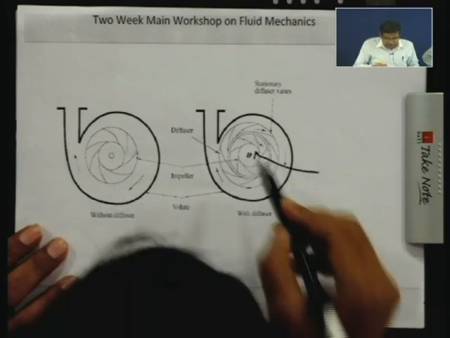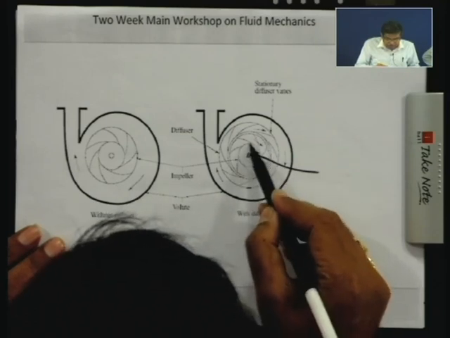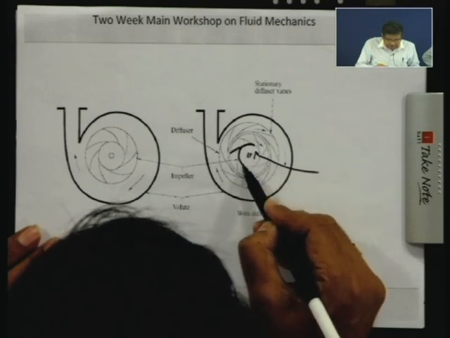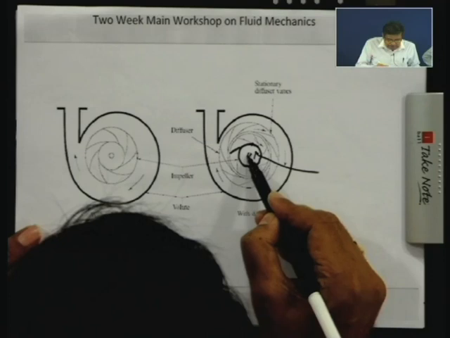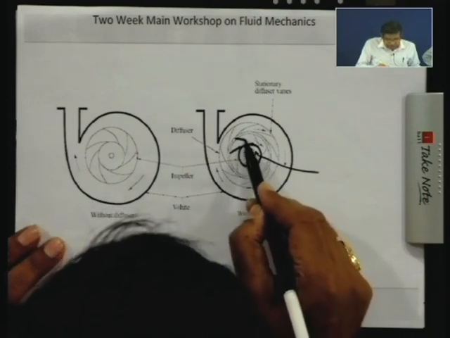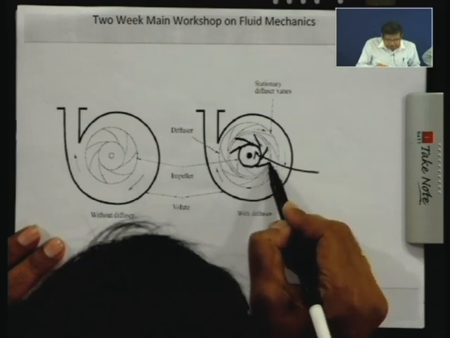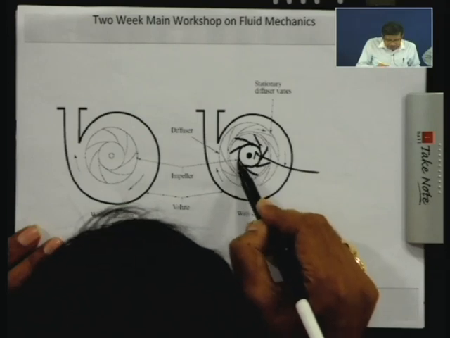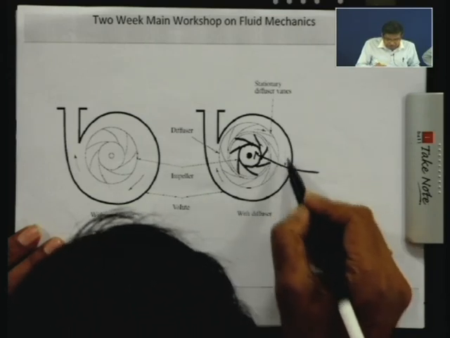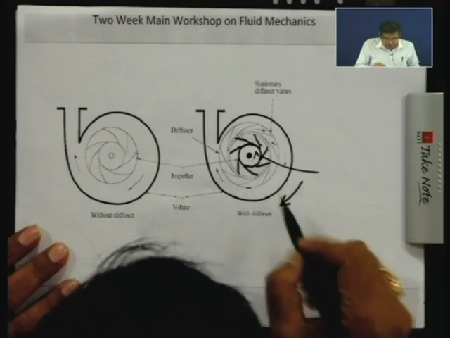First of all, this consists of a rotating part. This is the shaft. This is the rotating disc, and the blades or vanes of this type are attached to the rotating disc.